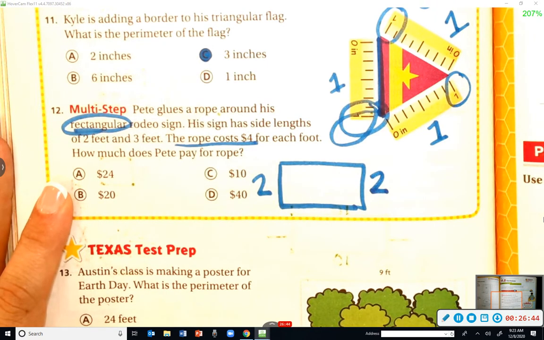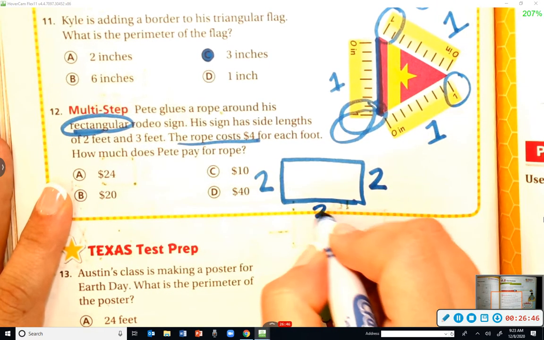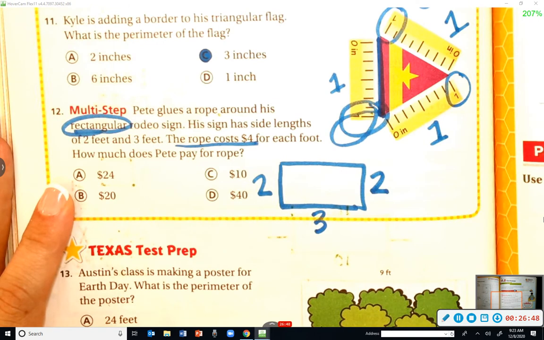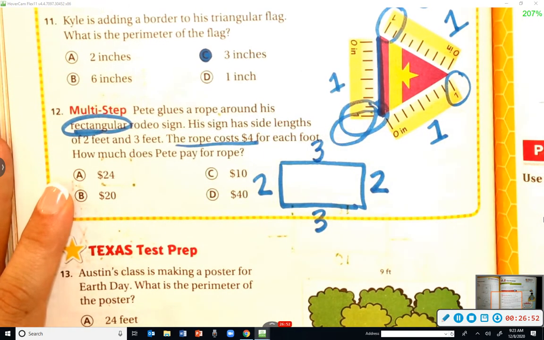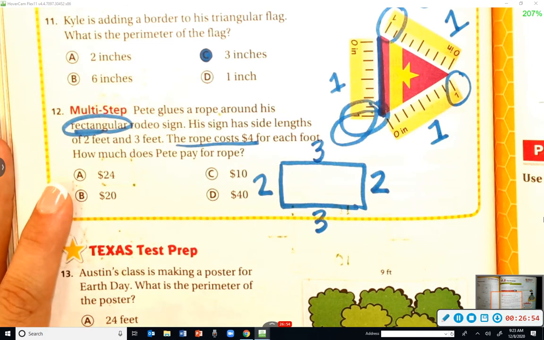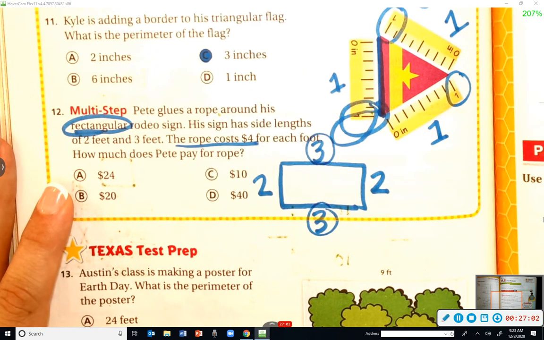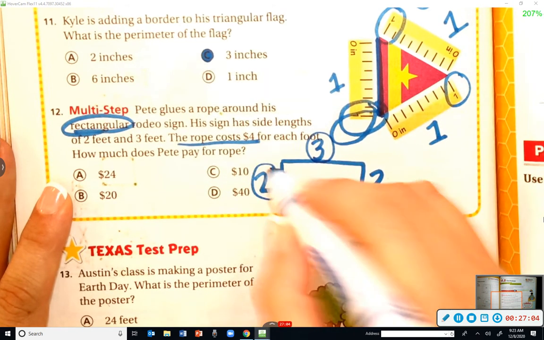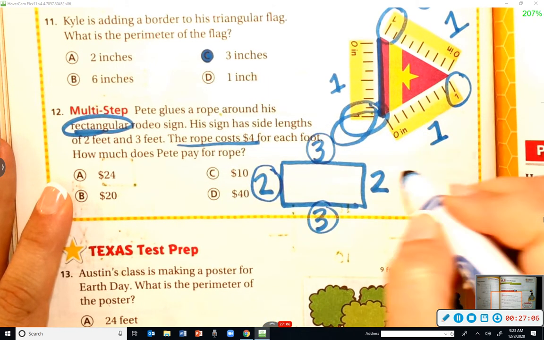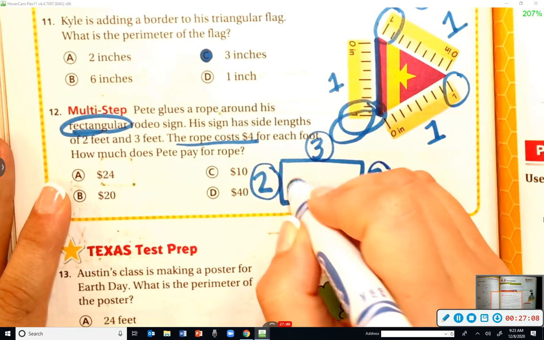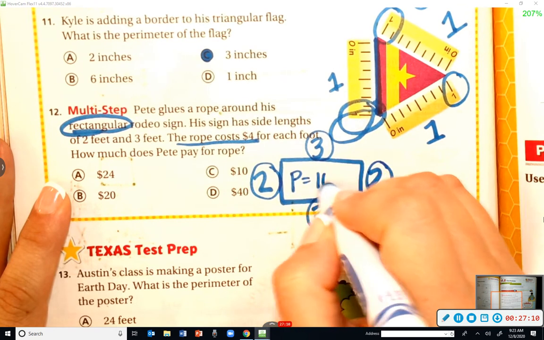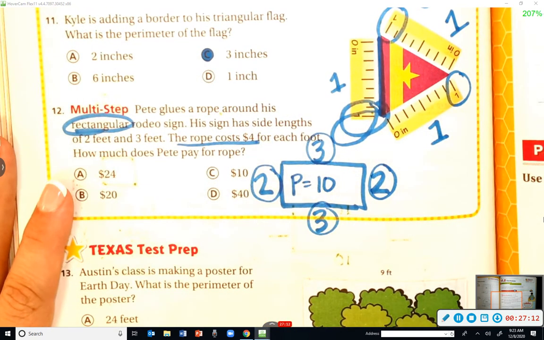If I have a 3 down here, then what? 3 goes on the top. Now I can find the perimeter by doing what, Gregory? You add all the sides. So 3 plus 3 is what? 6 plus 2? 8 plus 2? 10. So the perimeter is 10, but that's not my final answer.